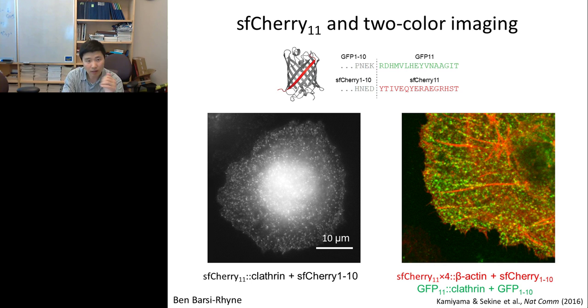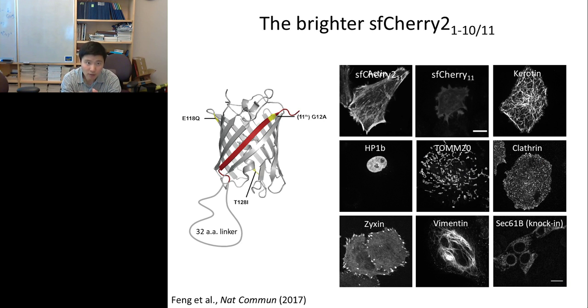Later, in my lab, a student tried to improve the brightness of split superfolder cherry by tethering the two fragments with a 32 amino acid linker and then doing random mutagenesis, DNA shuffling, and directed evolution. She has derived the second generation of the split superfolder cherry that is almost a factor of 8 as bright as the first generation.